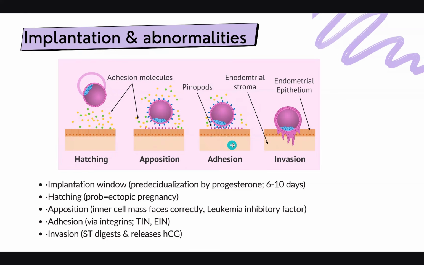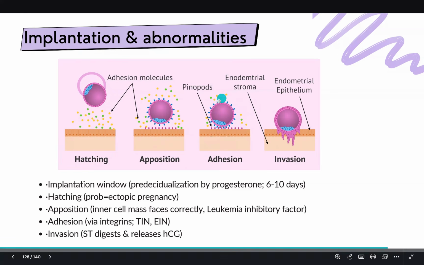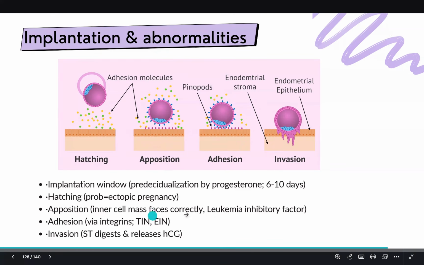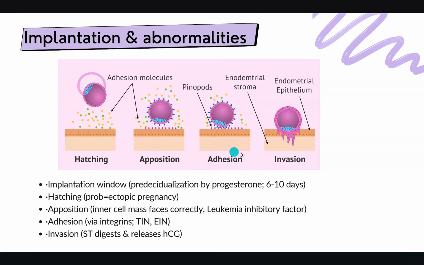And this happens by integrins, all right? The integrins on the blastocyst itself are called trophoblastic integrins, and on the endometrium, they're called endometrial integrins, all right?